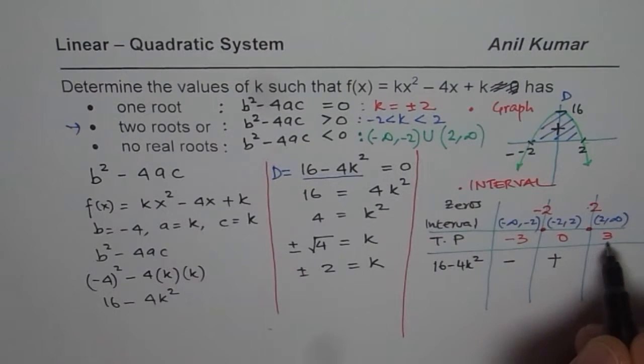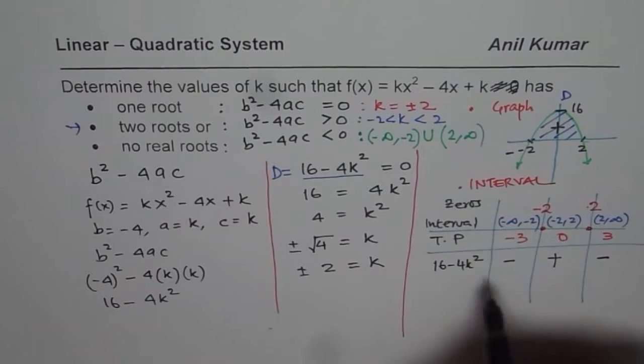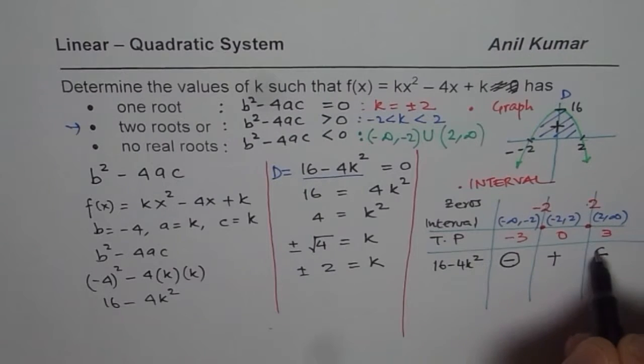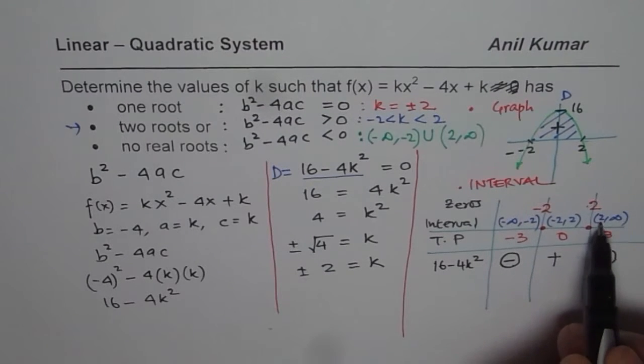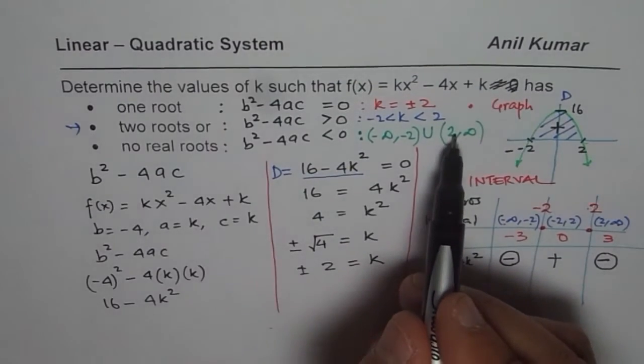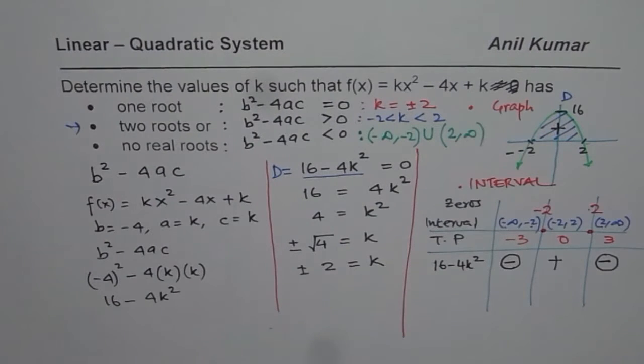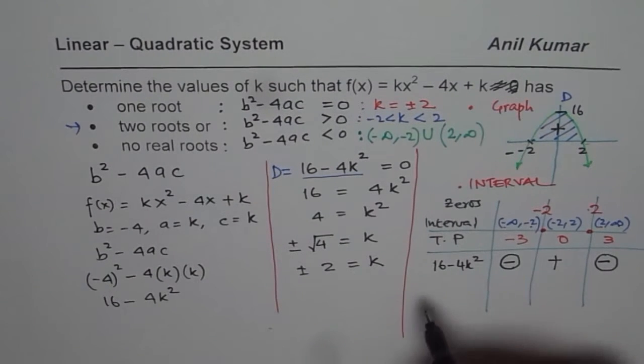If I substitute 3, square is 9 times 4, 36, again a negative value. So these are the two negative values in the intervals 2 to infinity and minus infinity to minus 2. So for these two intervals, we will not have any real root, correct? So that is another way of finding your result.